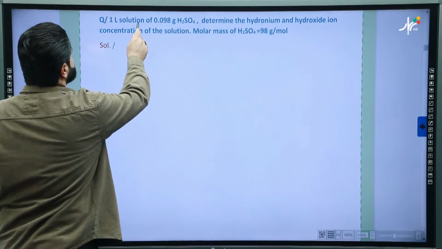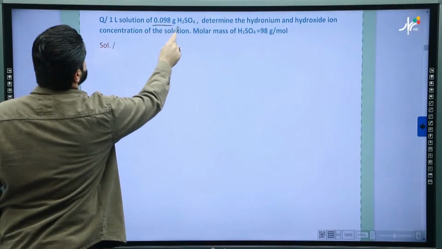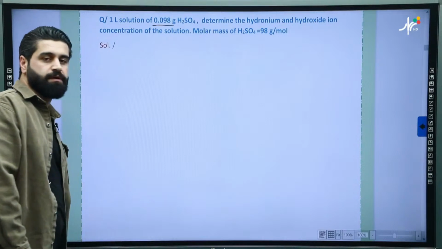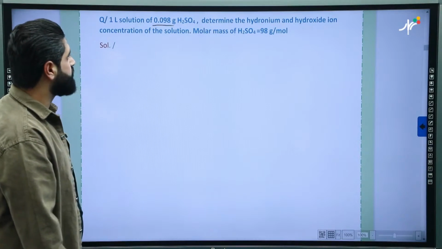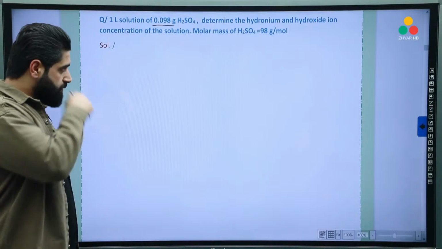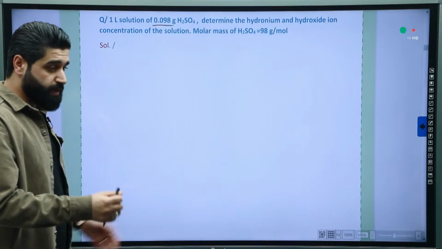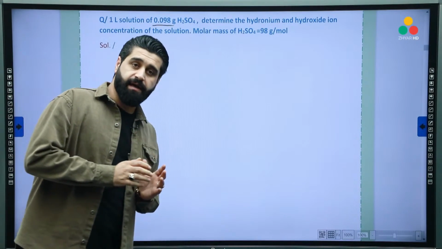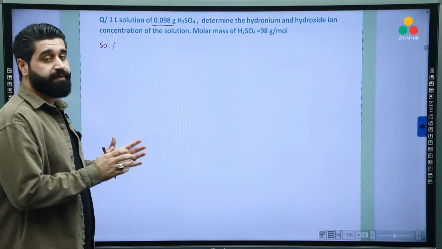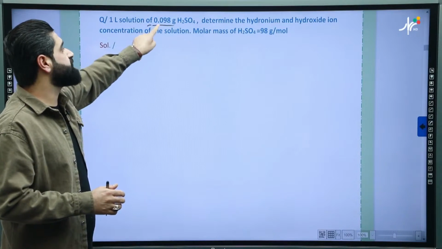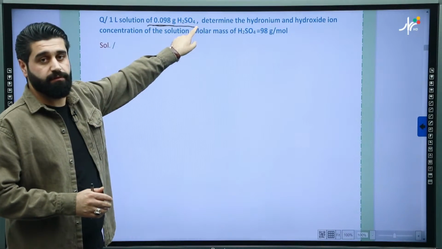A 1 liter solution contains 0.098 grams of H2SO4.